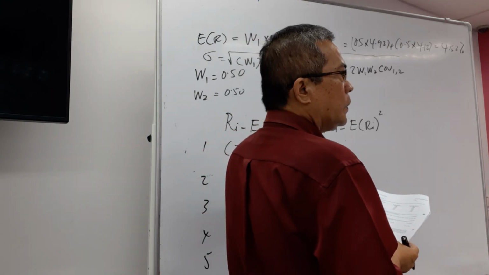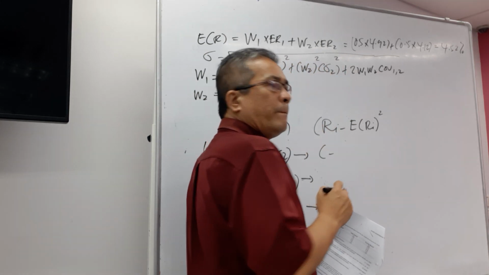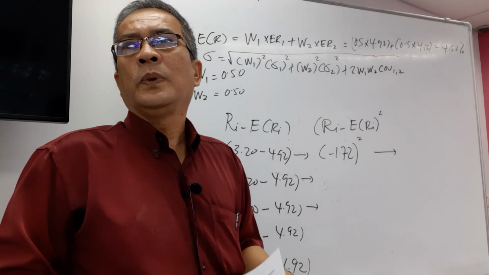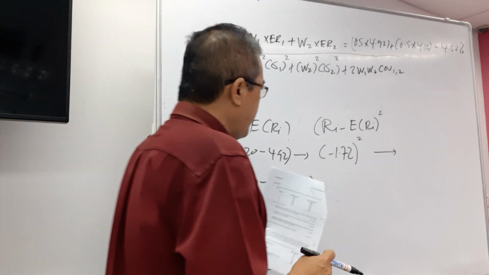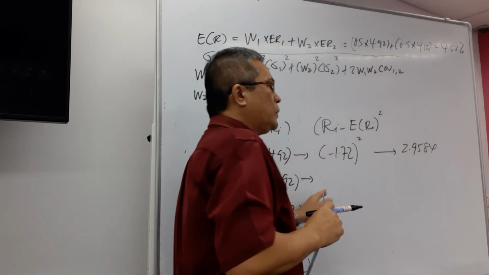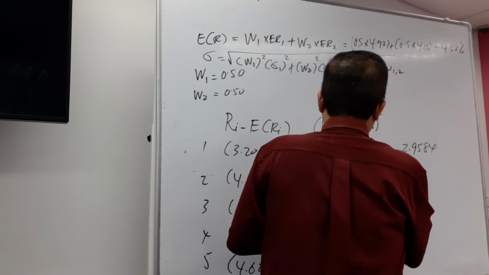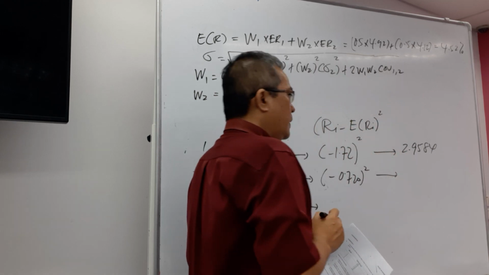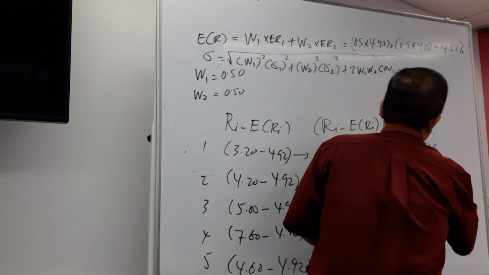Okay, 3.20 minus 4.92 is negative 1.72, and negative 1.72 to the power of 2 is 2.9584. Okay, 4.20 minus 4.92 is negative 0.72, and 0.72 to the power of 2 is 0.5184.